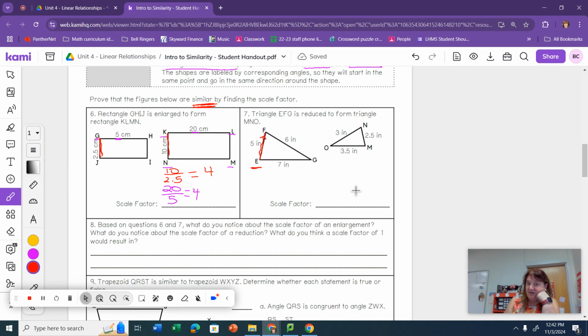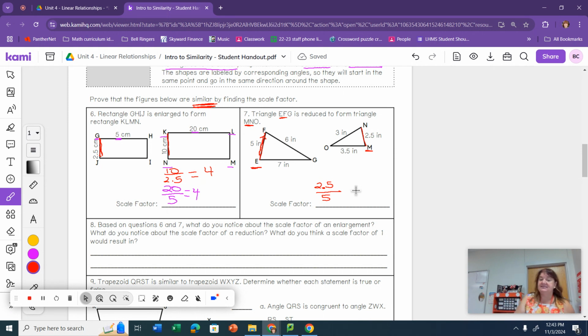E to F, and we're going to go from M to N. Okay, so here's our new one. 2.5 over what was the original? 5. You have to make sure you can find the corresponding angles. If it helps to color code and use a highlighter, then do that. That would make it so much better.